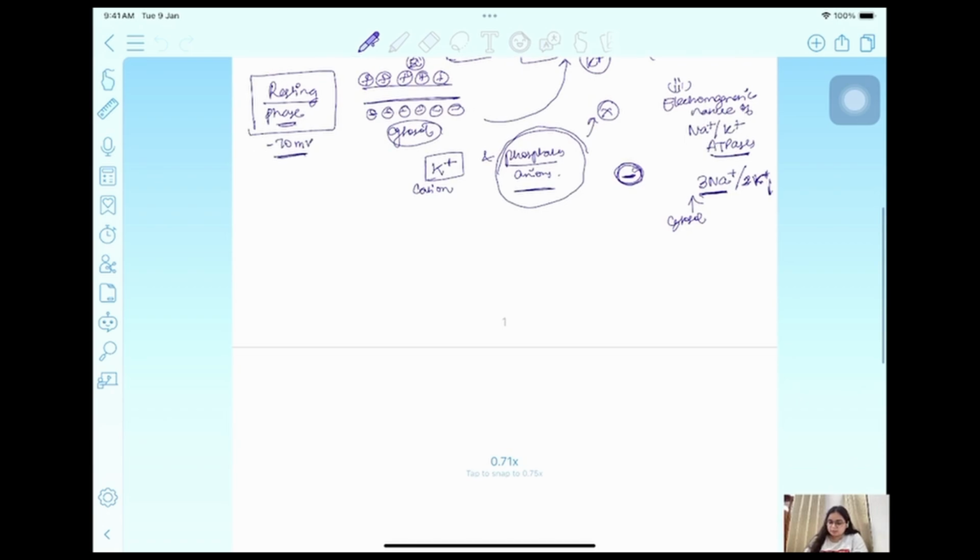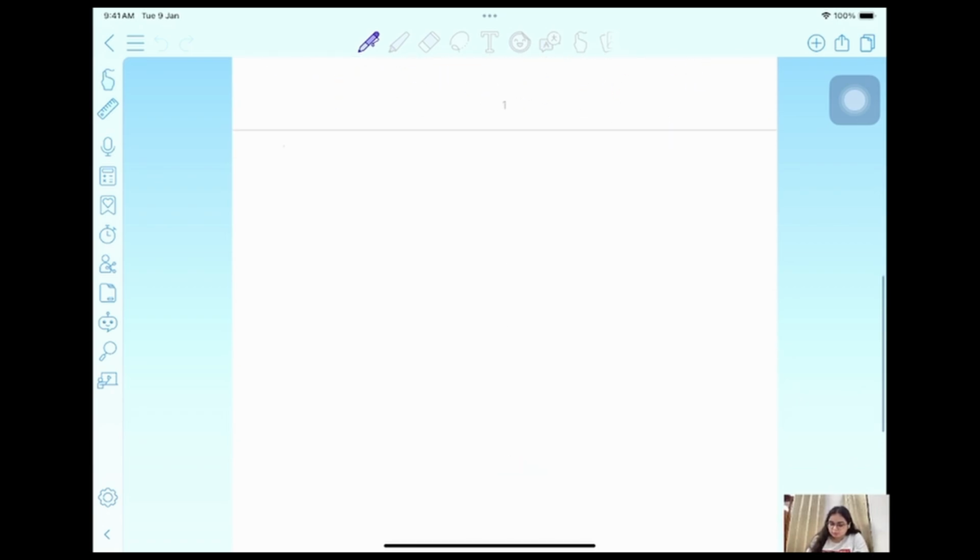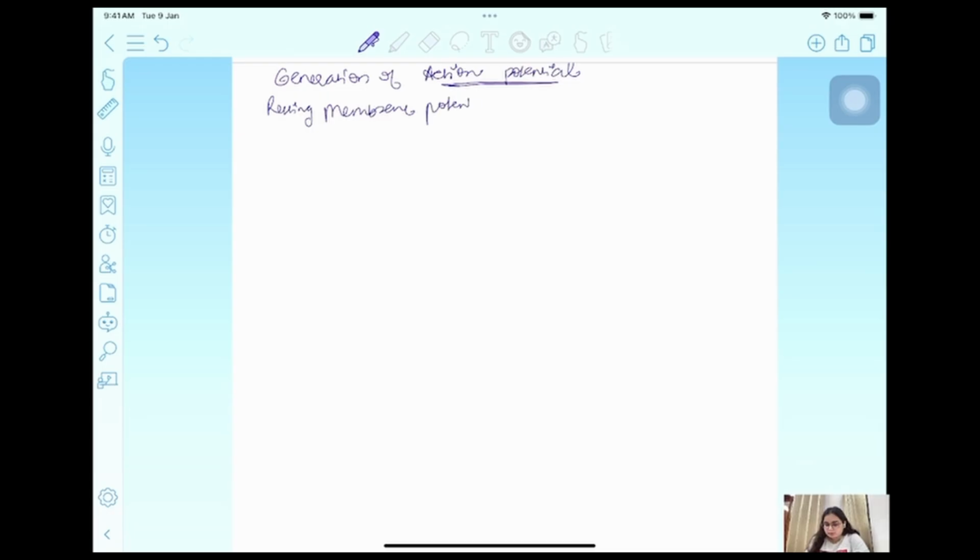Now let's study the generation of action potential. In action potential, the resting membrane potential changes rapidly and is brought back to normal.